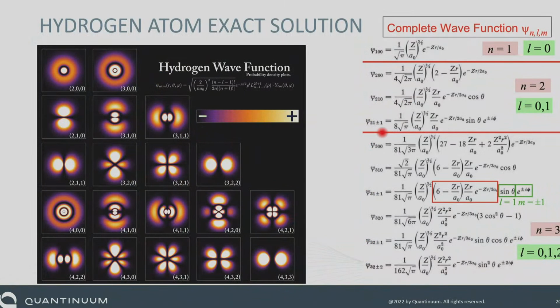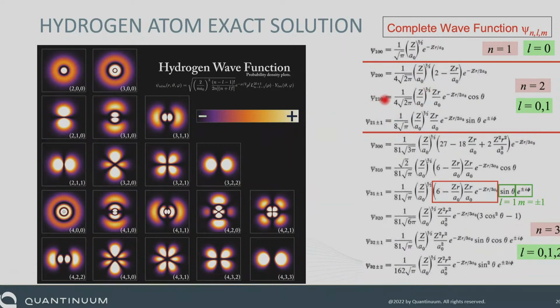And the same applies for the 2s, but now you have this product here, which gives us nodal behavior. The 2s, rather than being a sphere, is actually a sphere with an inner sphere inside it as well. And the inner sphere comes from this product term.